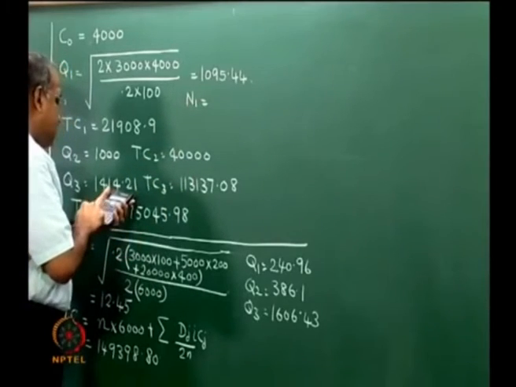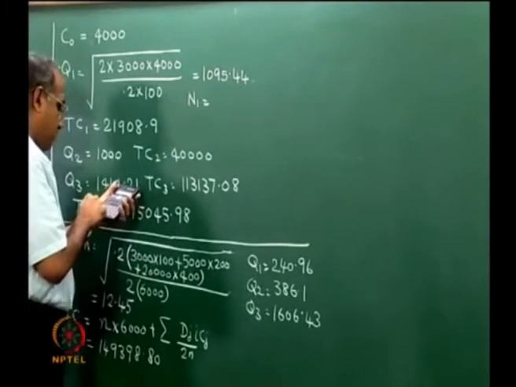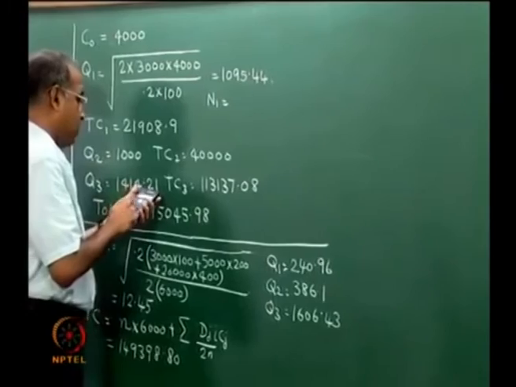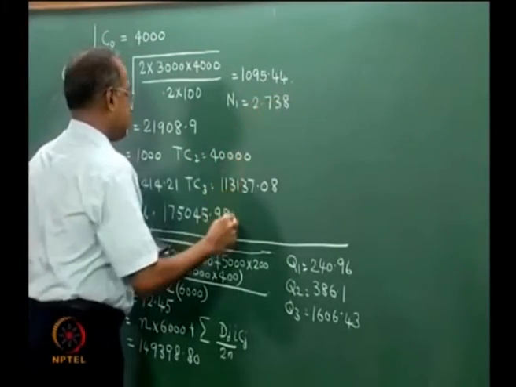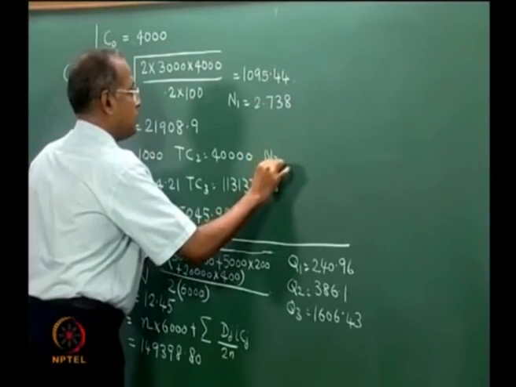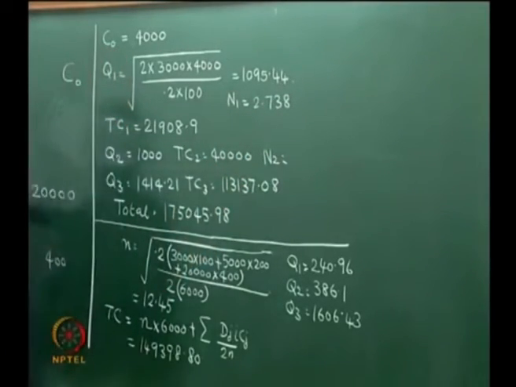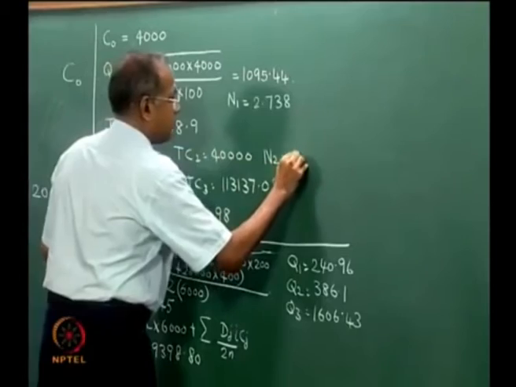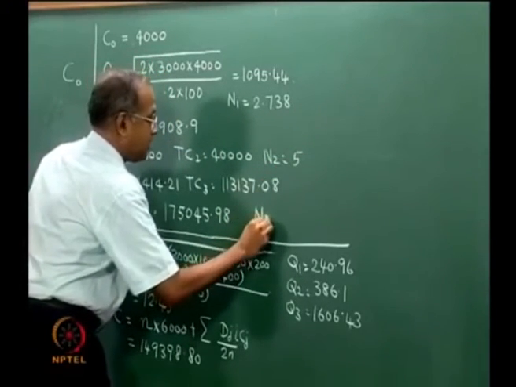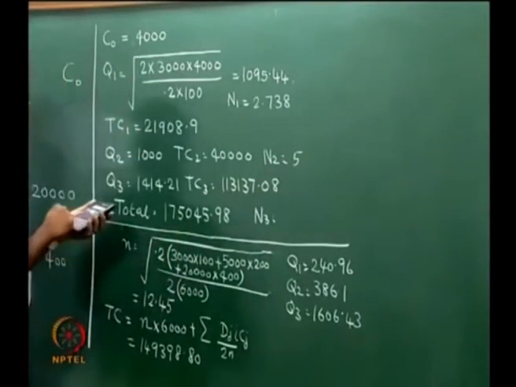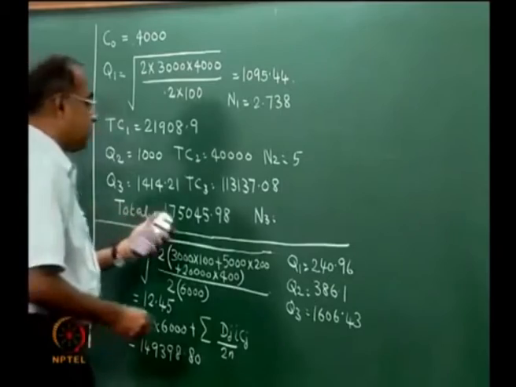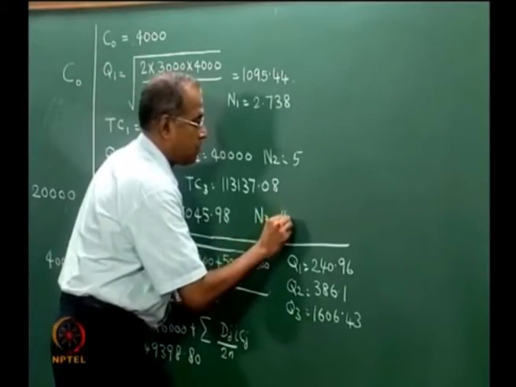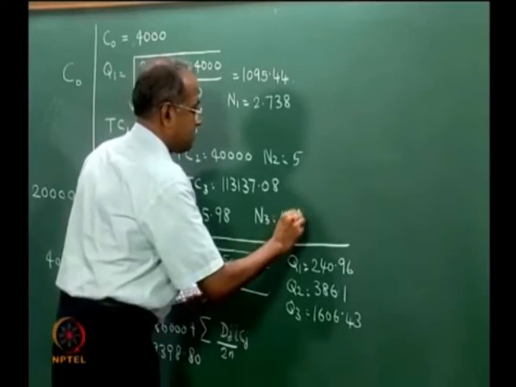So, N1 is 3000 divided by 1095.44, which is 2.738 orders. N2 is 5000 divided by 1000, which is 5 orders, and N3 is 20,000 divided by 1414.21, 14.14 orders.